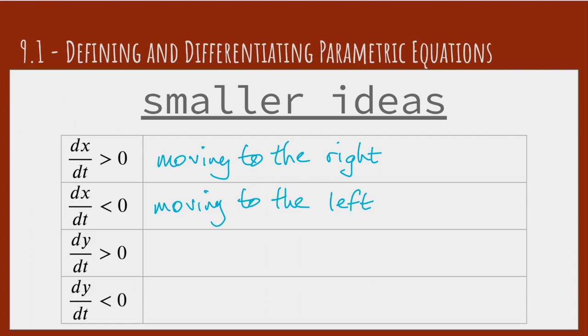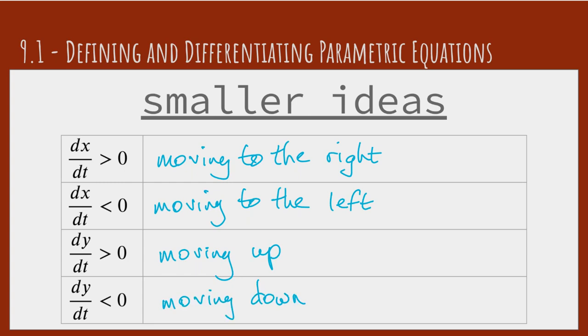dy/dt tells us about vertical motion. So if dy/dt is positive, that means y is increasing, so we would have an object that's moving up. Or if dy/dt is negative, we have an object that is moving down. Now we might have intervals where dy/dt is positive and then it switches to negative.